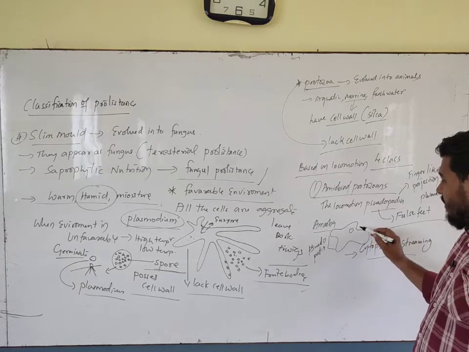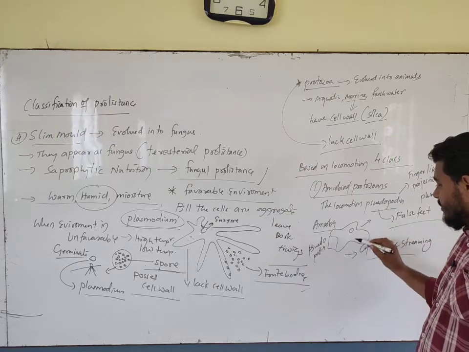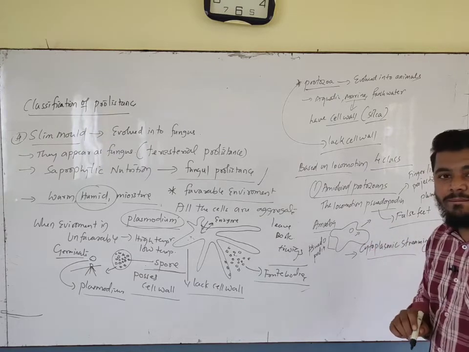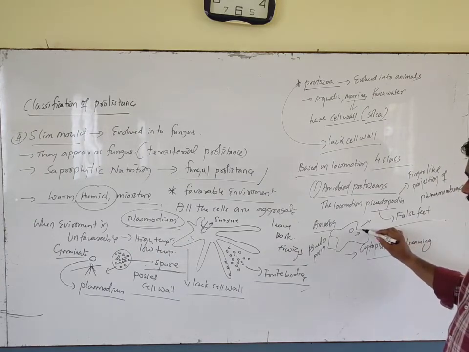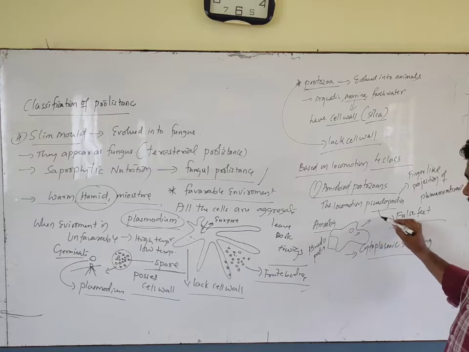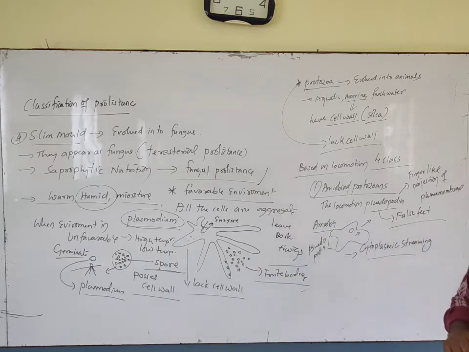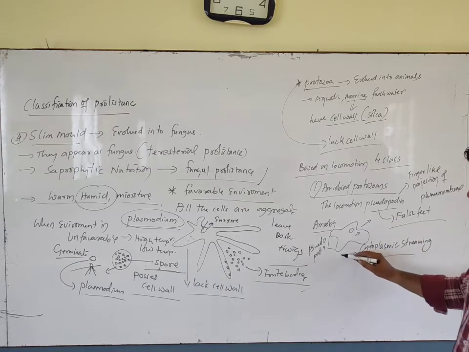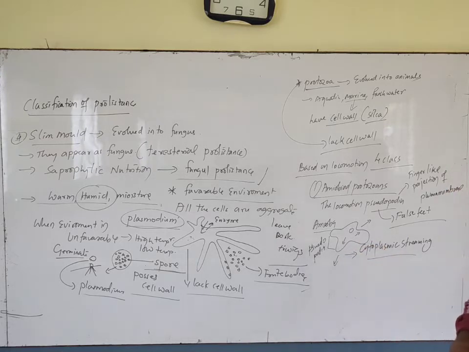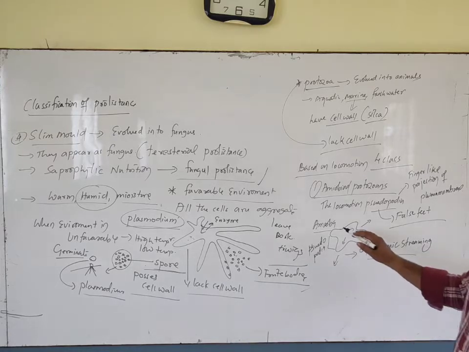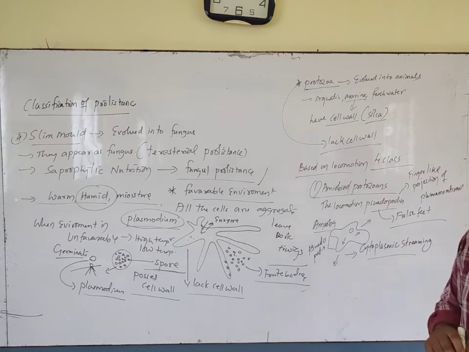So if the amoeba wants to move in this direction, the cytoplasm pushes the plasma membrane, and the plasma membrane gets a finger-like projection in this direction. This is called cytoplasmic streaming. All of this happens inside the amoeba.